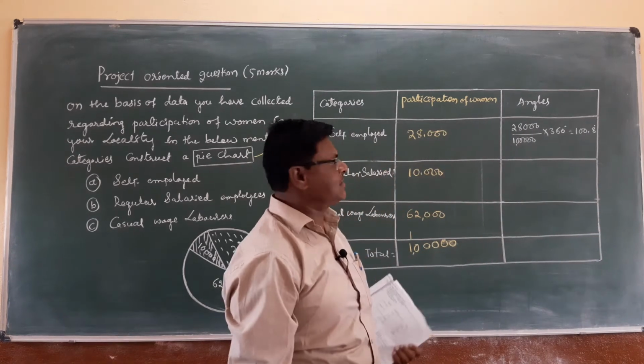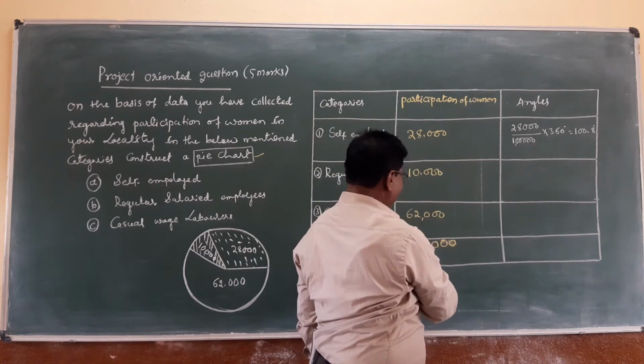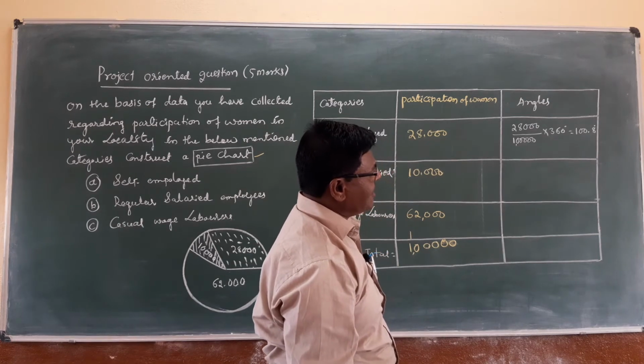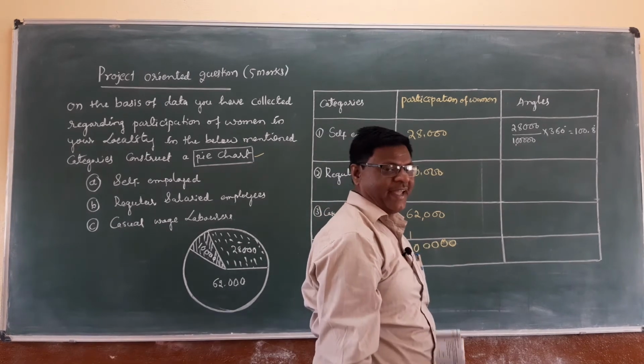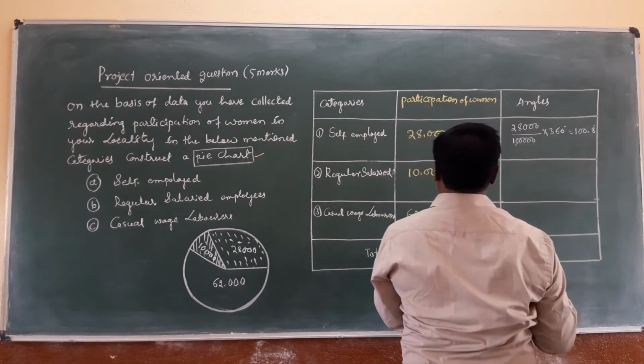It is the angle. So 28,000 divided by total 1 lakh into 360 is equal to 100.8 degrees.